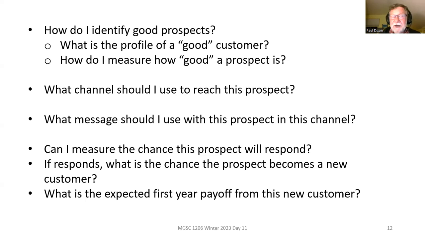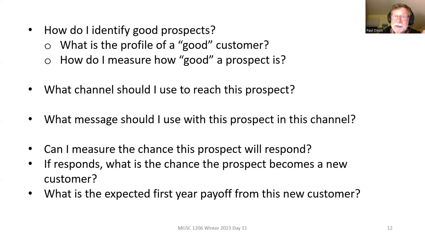Even if they respond to things, you're going to be looking at what's the chance I can convert them into a whole new customer? Or what's the payoff? Some customers have a big payoff, and some a small amount. So I may be doing value estimation to predict how much income I should be able to generate from this particular customer.